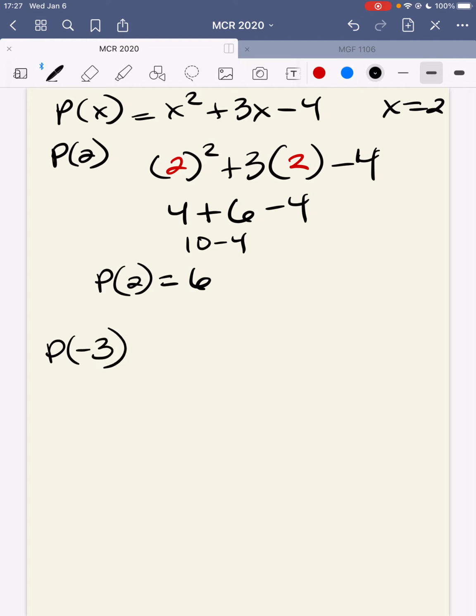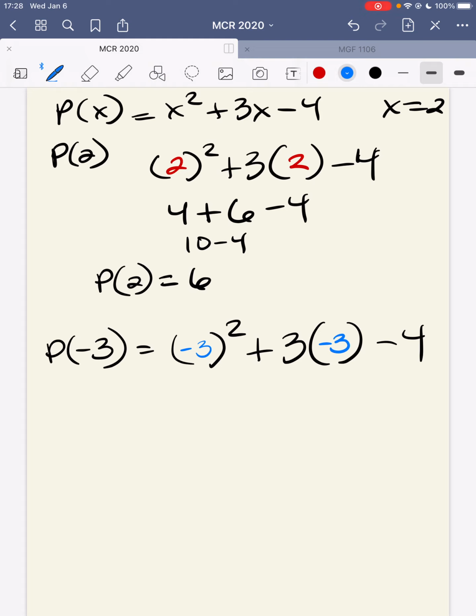Now remember your rules of integers for this. This might be a little bit tricky. So just rewrite the equation with parentheses where the x should be. So I have x squared plus 3x minus 4. And in each of these parentheses where I said x and I put a set of parentheses, I'm going to go ahead and put -3.